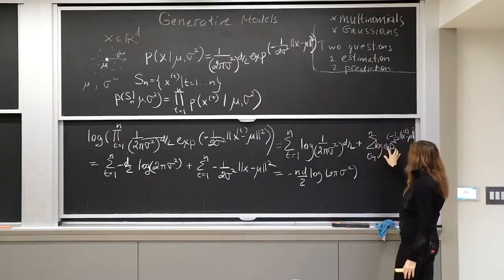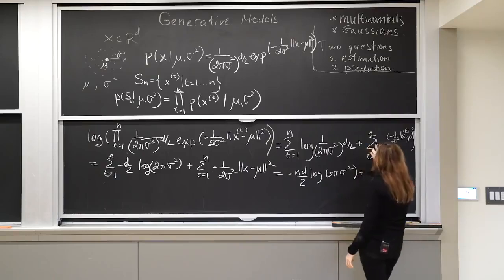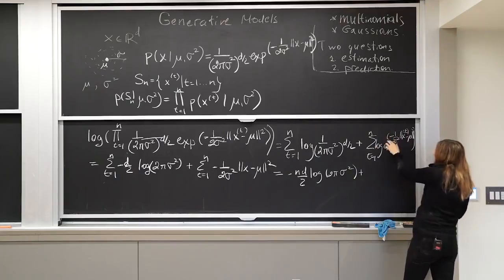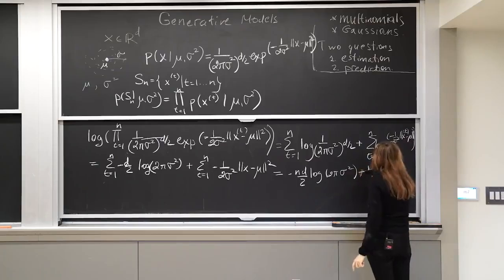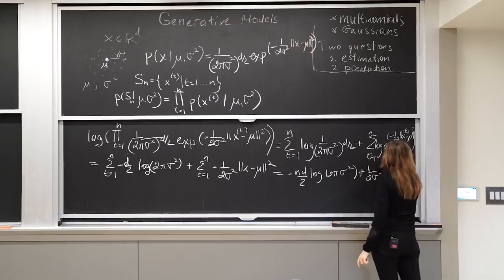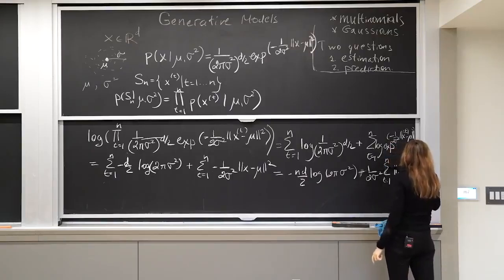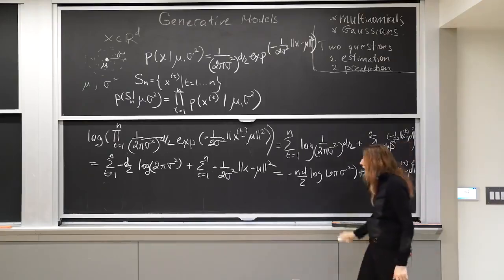Here again, log and exponent disappear, and we're just going to have the sum of this expression, but because this part doesn't depend on xt, I can just take it out. So we're going to write minus 1 over 2 sigma squared, sum from t equals 1 to n of xt minus mu squared.